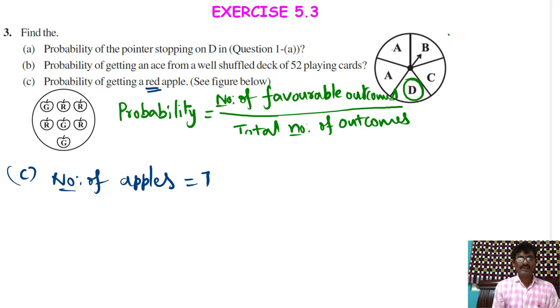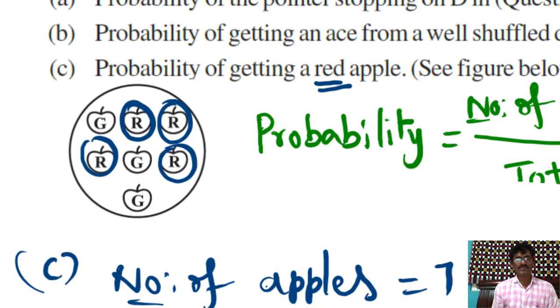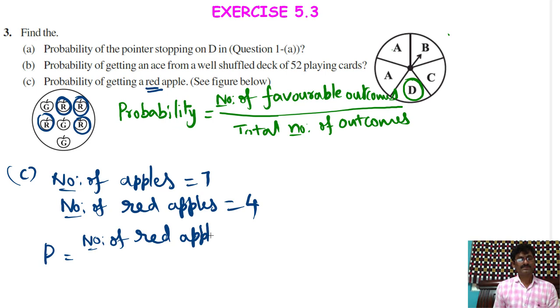Now we need to get red apples. How many red apples are there? Let us see. Number of red apples: 1, 2, 3, 4. So that is equal to 4. Therefore probability of getting a red apple equals number of favorable outcomes, here meaning number of red apples, divided by total number of outcomes, here meaning total number of apples.